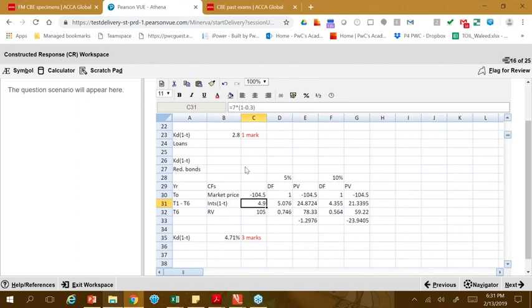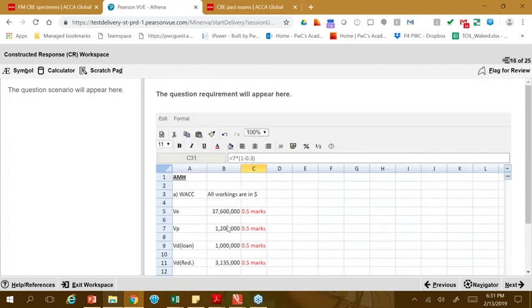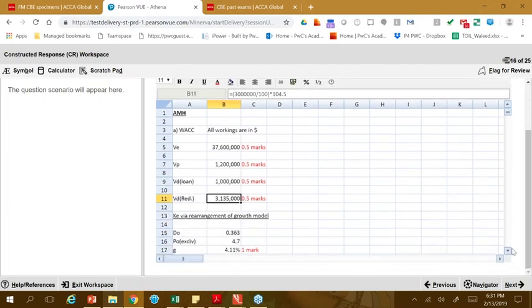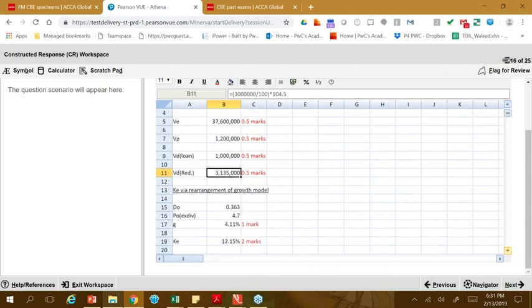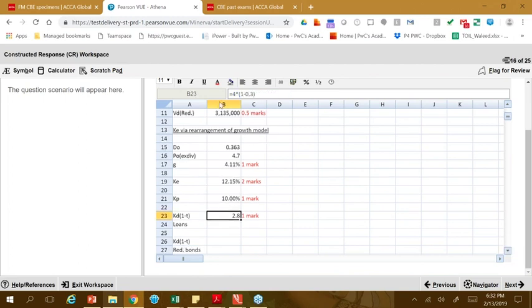And what we have got now is all the costs that we have computed. So let's just look at this. We've got all the values: value of equity, value of preferred stock, and value of debt for the bank loans and redeemable debt. And then we have here the cost of equity, which was 12.15, cost of preferred shares 10, KD1 minus T of the bank loans 2.8%. Let me just show this as a percentage.